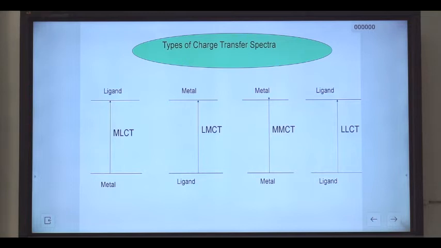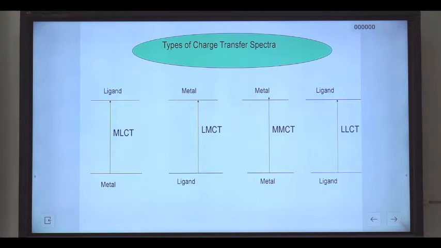In the case of metal to metal charge transfer, both are metals but their oxidation states are different. For example, if I assume the metal chromium having oxidation state +3 or +6, then the state changes from +3 to +6, having the similar metal but different oxidation states.